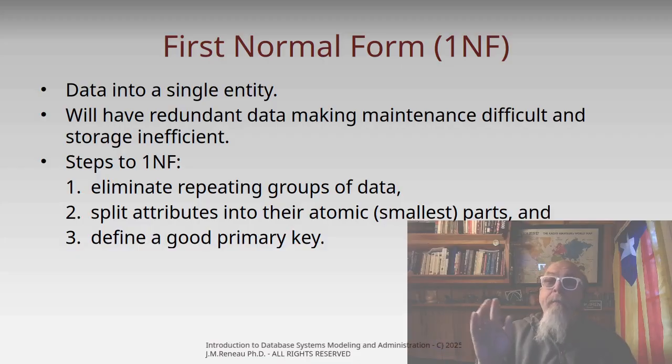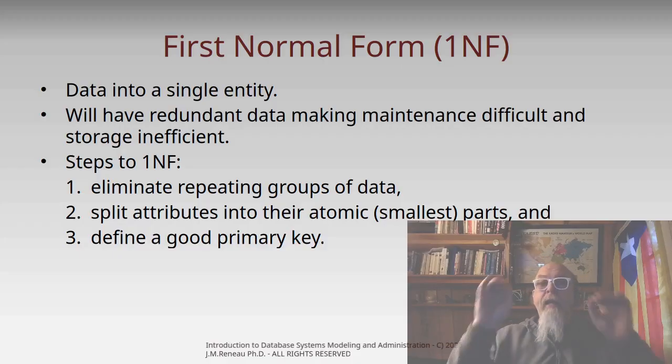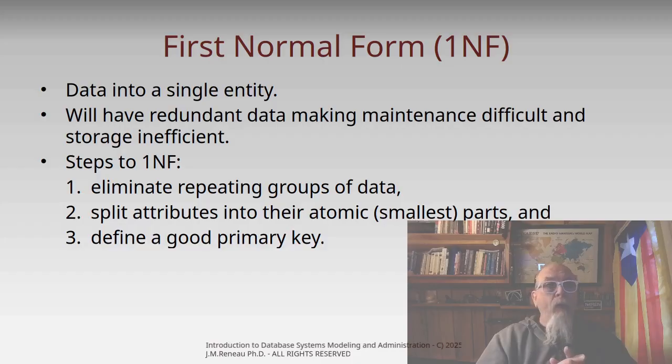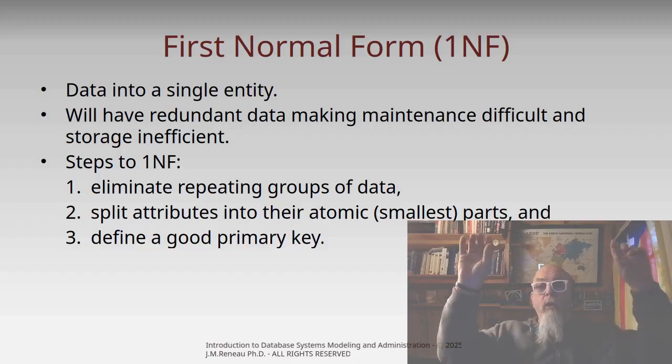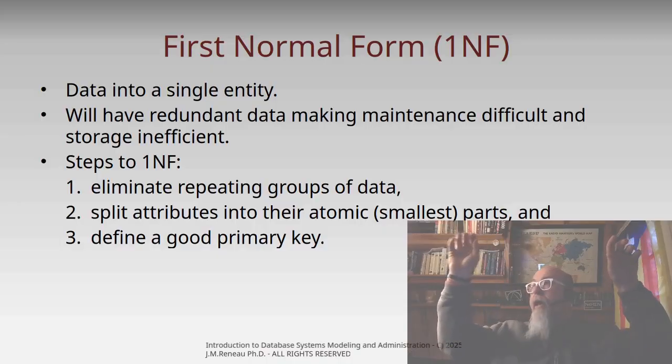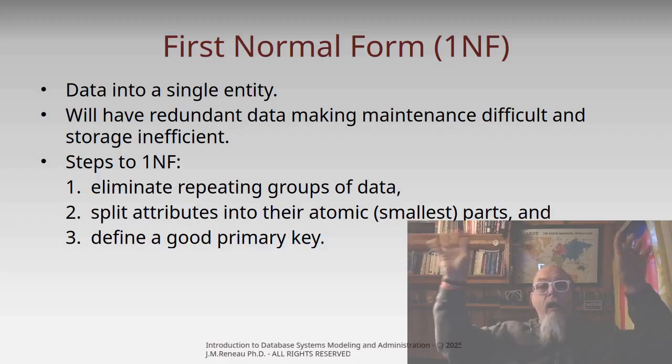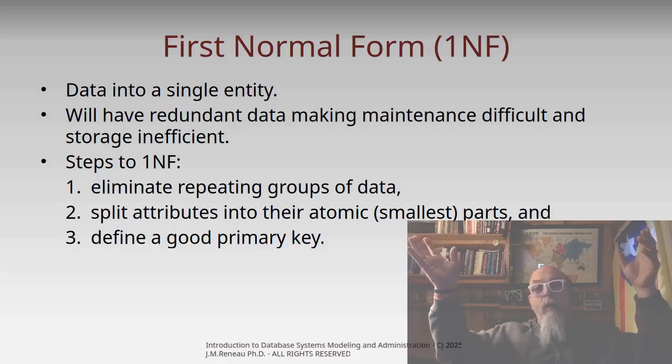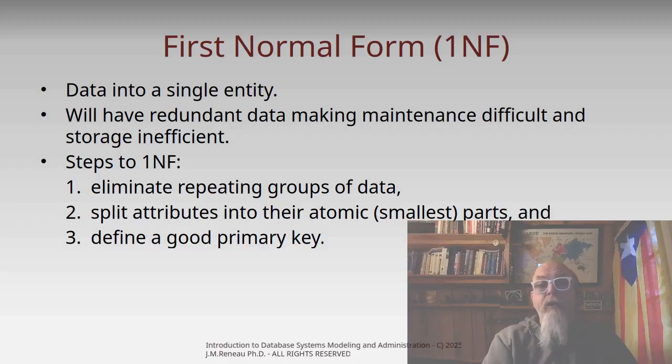And then lastly, we need to identify a good primary key. We need to identify a key that would uniquely identify each row individually. In that one example I just gave, where we have an order on a single row with customer information, customer number, and item one and item two and item three, and all of that all the way across, what would be a unique identifier for each row?